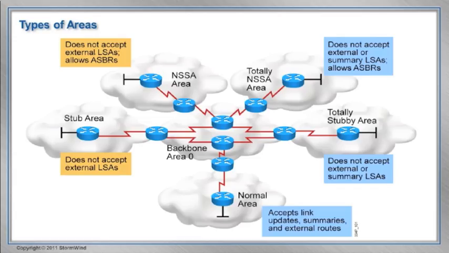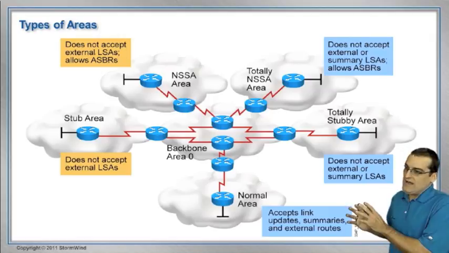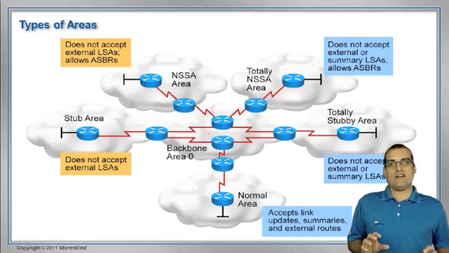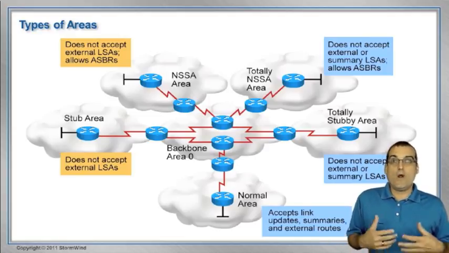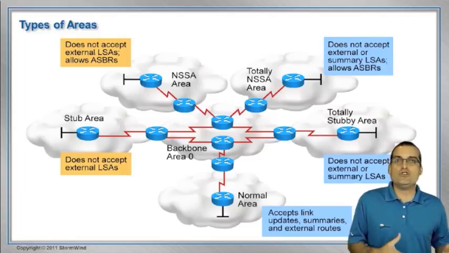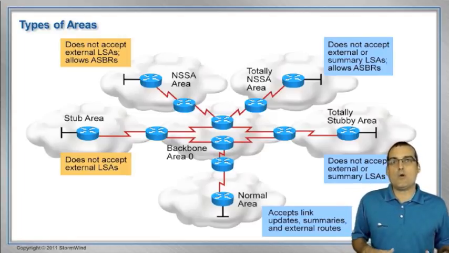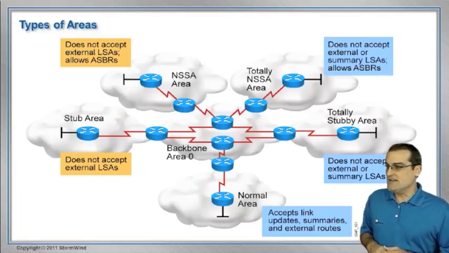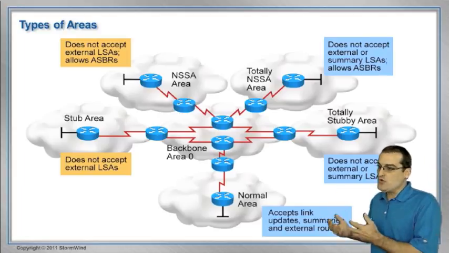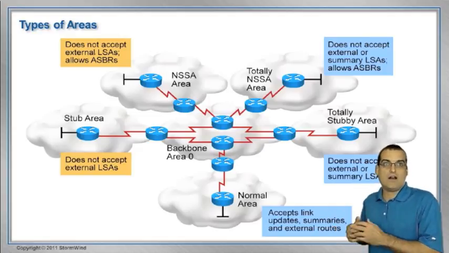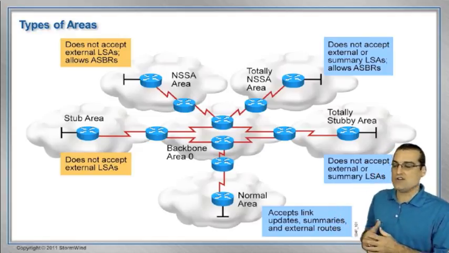So we end up devising a scheme whereby we are creating special areas in the OSPF domain where appropriate to reduce overhead, to reduce processing power required on these particular devices. We might obviously have normal areas, but we'll have stubby where appropriate, stub where appropriate, not so stubby.